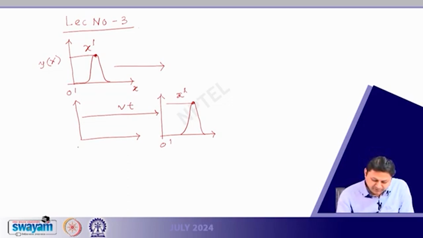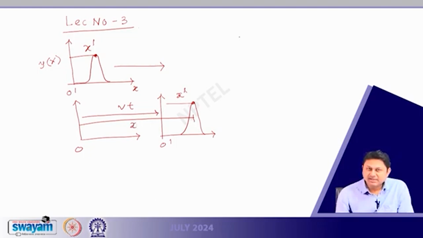And from this fixed coordinate, I can write the coordinate of this particular point as x. So we have a relationship between x, t and x prime, something like this: x prime will be equal to x minus vt. In the last class we have done this.